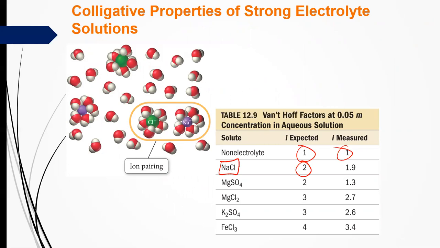We won't have to worry about the measured Van't Hoff factors. That would be given to you, but we should be able to figure out the expected Van't Hoff factor, because we should know A, is it going to dissociate, and B, how many particles is it going to dissociate into.